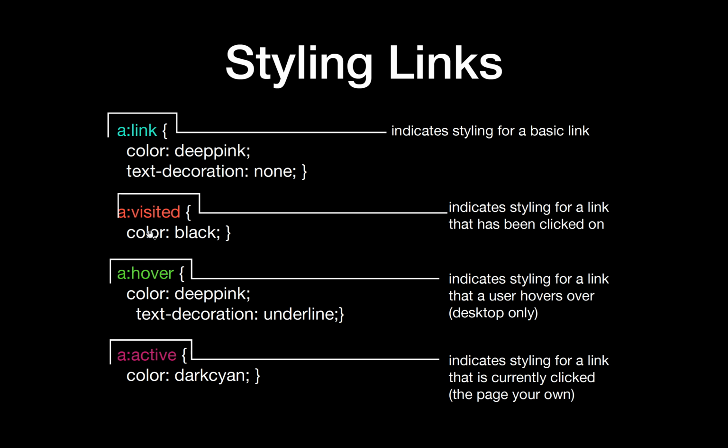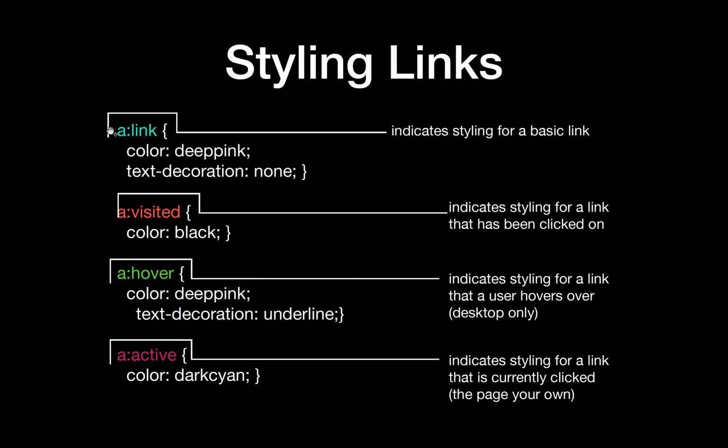Maybe after something has been visited, to indicate to the user that it's been visited, we want it to change color. We would set the visited setting for those links. Maybe when we hover over it, we want something to change about it. You could use the hover selector to indicate what the hover looks like. And then for your active links, those links that you are actually still on, you would use this selector to indicate that. These three here is where it becomes more of a user interface, thinking about the user and how they'll navigate through the site and use the links.